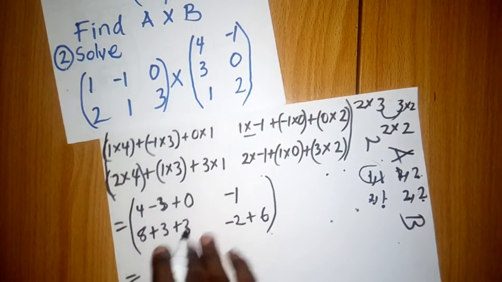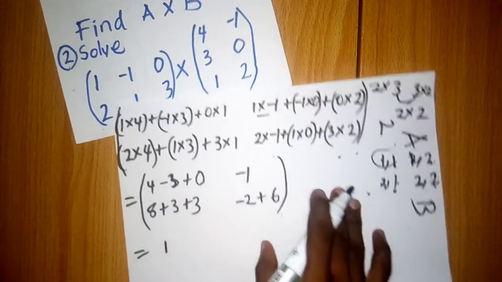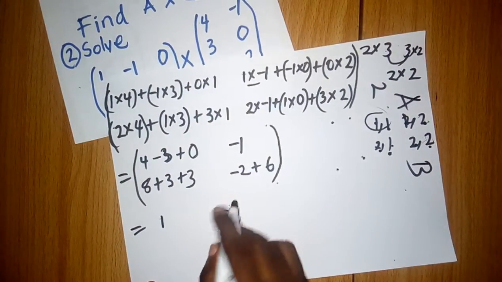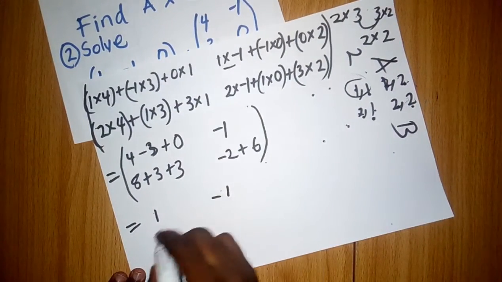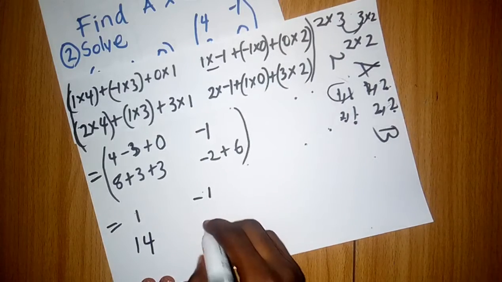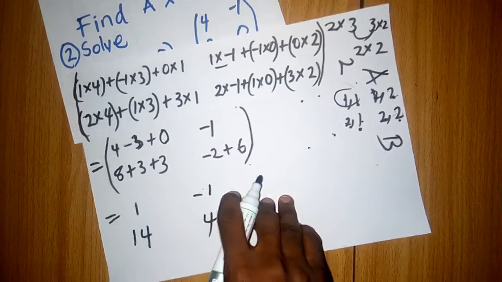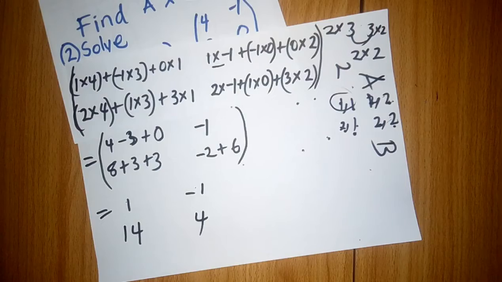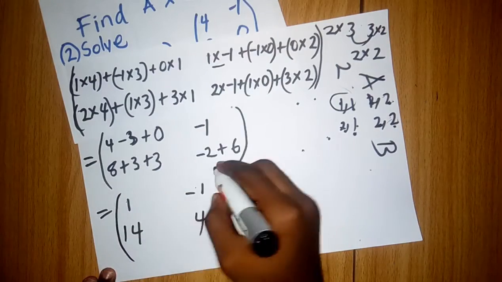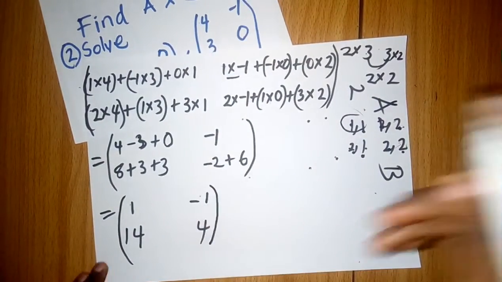So this is equal to 1, minus 1, 14, 4. Okay, so that is it about matrix multiplication.